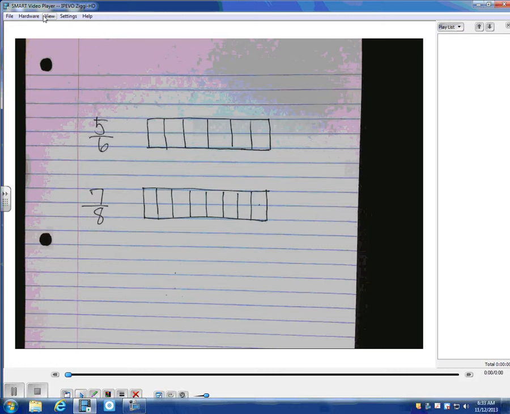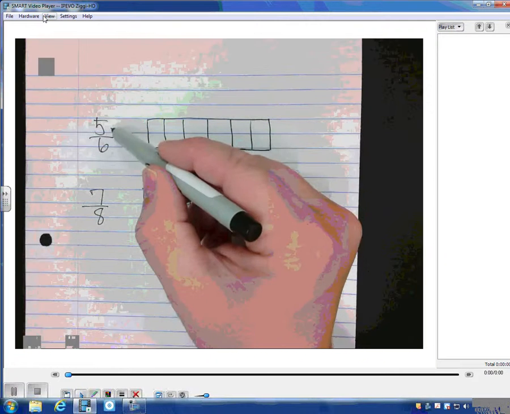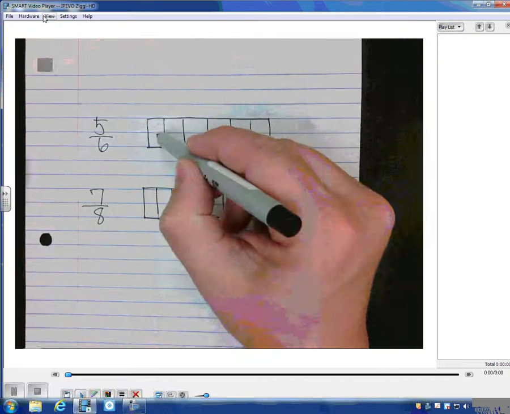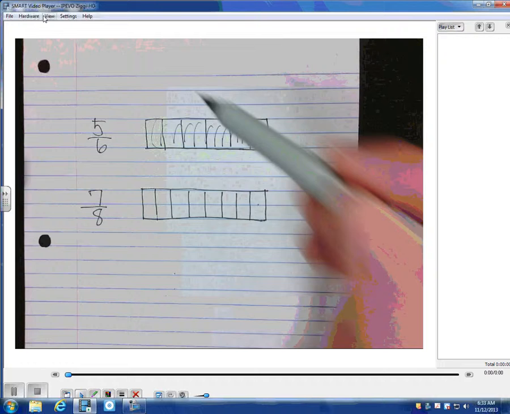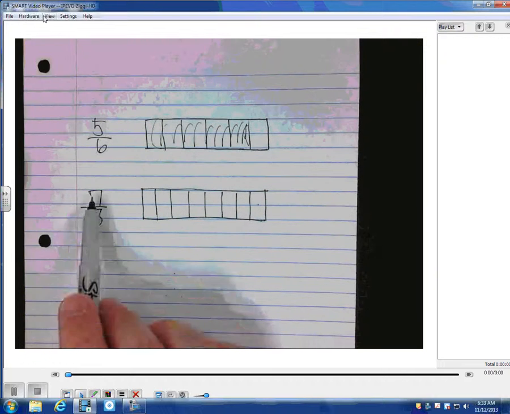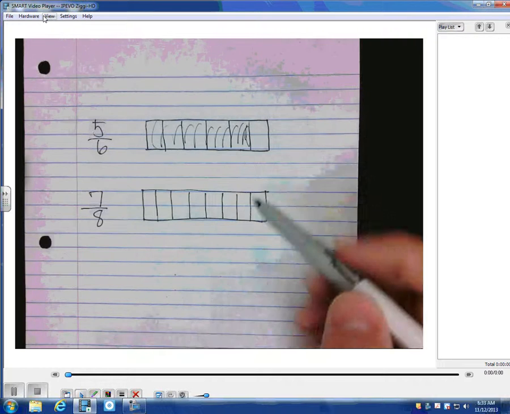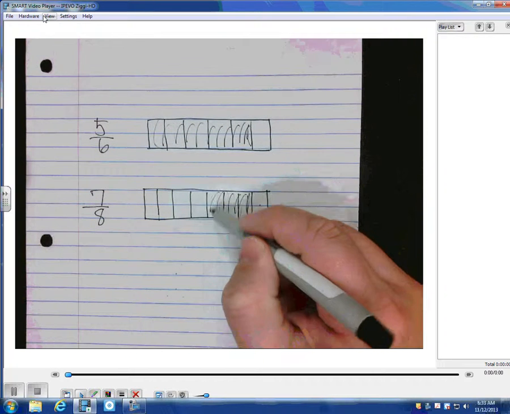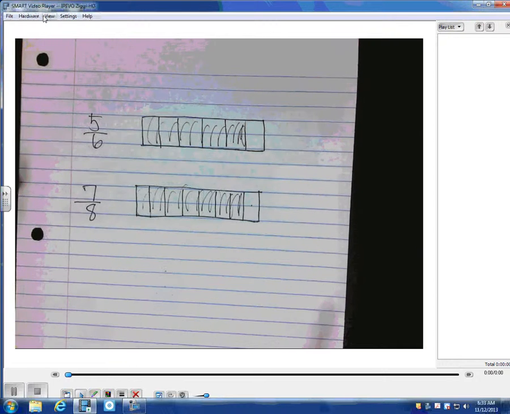Okay, so once I have that, my numerator here tells me I'm going to shade in 5. So 1, 2, 3, 4, 5. My numerator here tells me to shade in 7. 1, 2, 3, 4, 5, 6, 7. Okay, and then once I have that done, I can look at the picture.